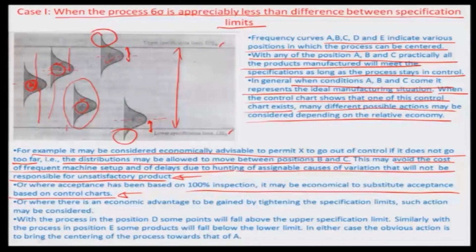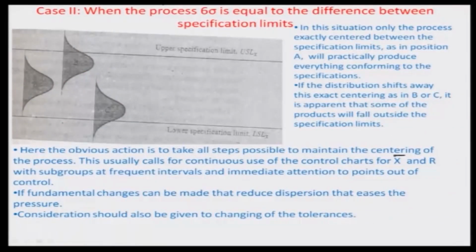So these are really unacceptable processes. You will have to do something so that you can center the mean more towards the center of the upper and lower specification limits, so that the spread and the mean altogether come within this domain. So there would definitely be a tightening of the process, or process control, needed in cases D and E. So that is what you can say when you compare specifications to the actual distributions.